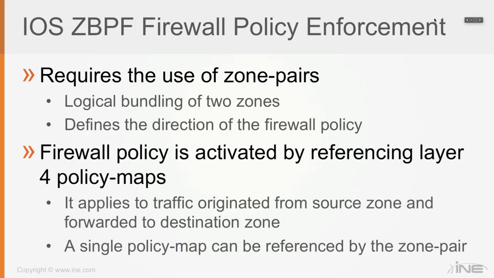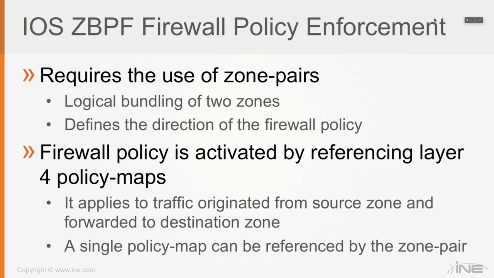So the firewall policy, which is defined in the policy map, like the actions pass, drop, inspect, is activated by referencing the layer 4 policy map under the zone pair. It's going to be applied to traffic originated from the source zone in the zone pair and forwarded out to the destination zone in the zone pair. And a single policy map can be referenced by each zone pair.